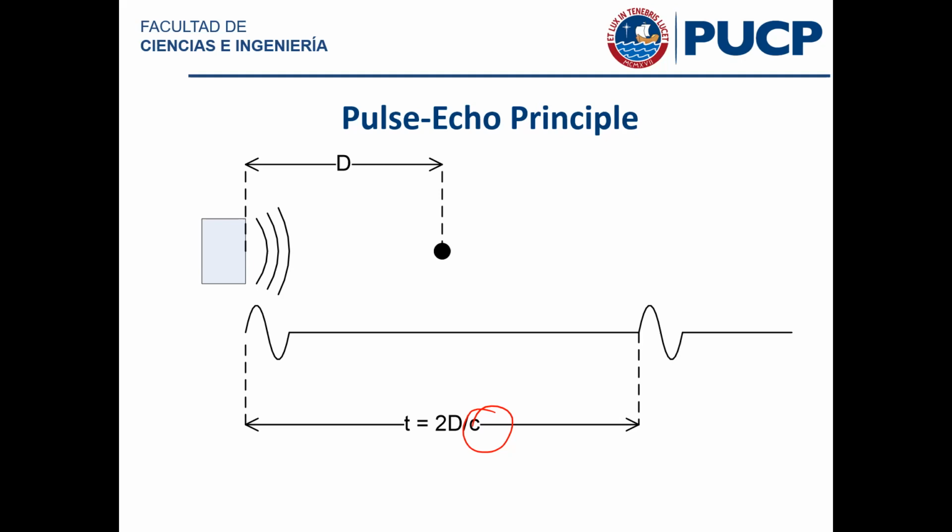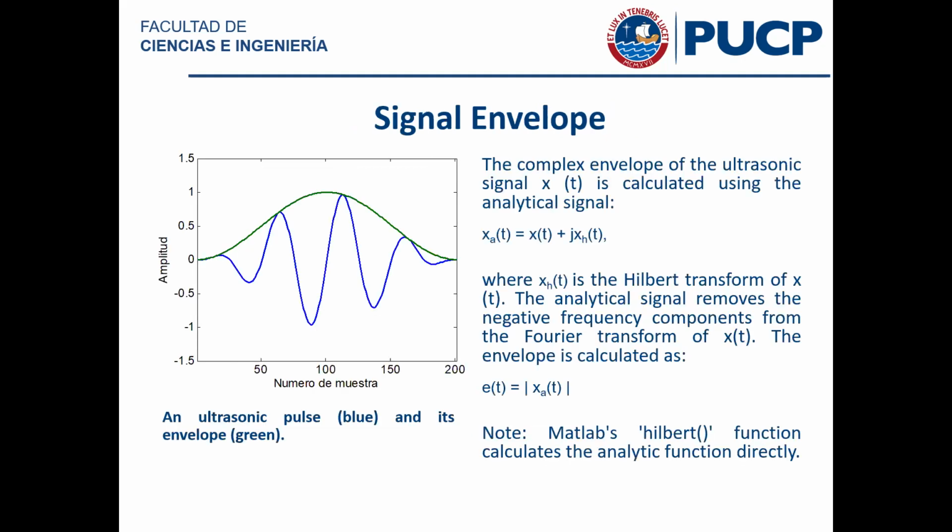So you transform the arrival times of the echoes into depths of the structures, and you can display those echoes into an image. In order to display the signal, though, you have to be mindful of a few details. The first one is that the ultrasonic signals are oscillatory in nature.